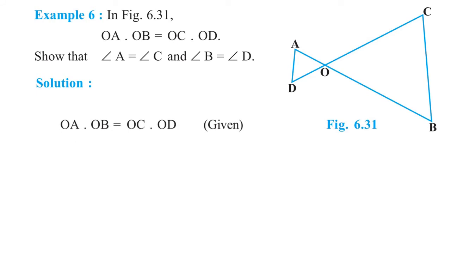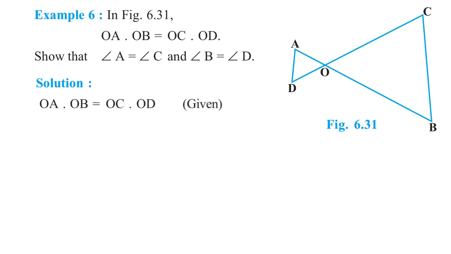So what's given? OA times OB is equal to OC times OD. Can I write the same thing as OA over OC is equal to OD over OB? So from the figure, OA over OC is equal to OD over OB.